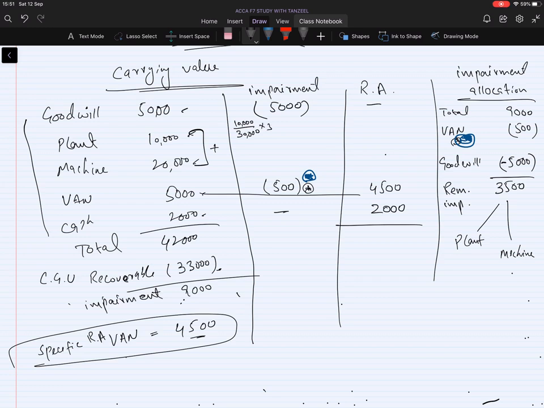So multiply by the remaining impairment, which is 3,500. This will go to plant. 1,155 will go to plant.